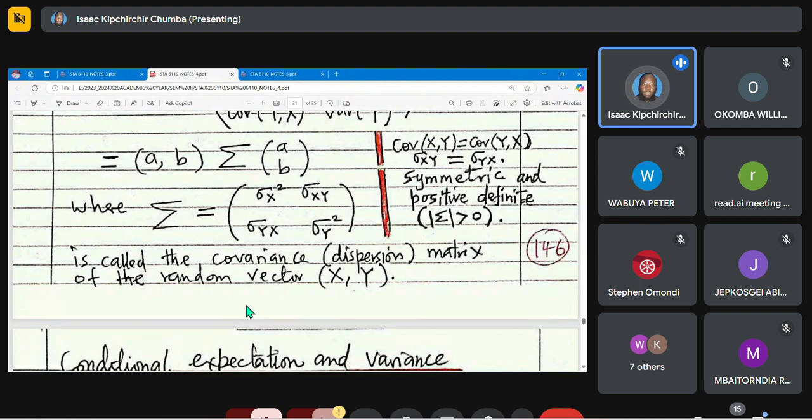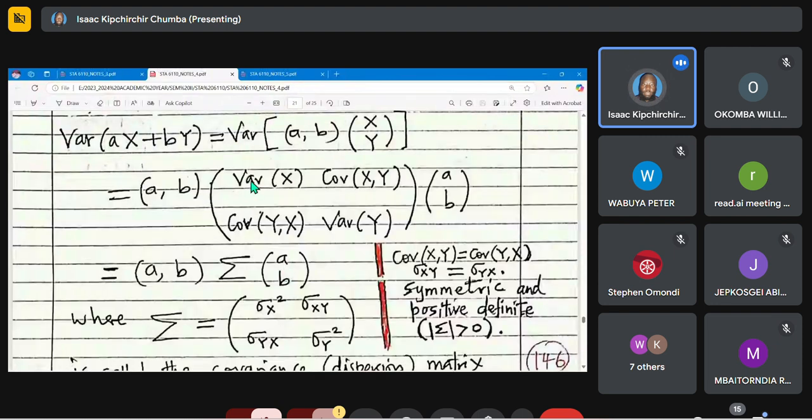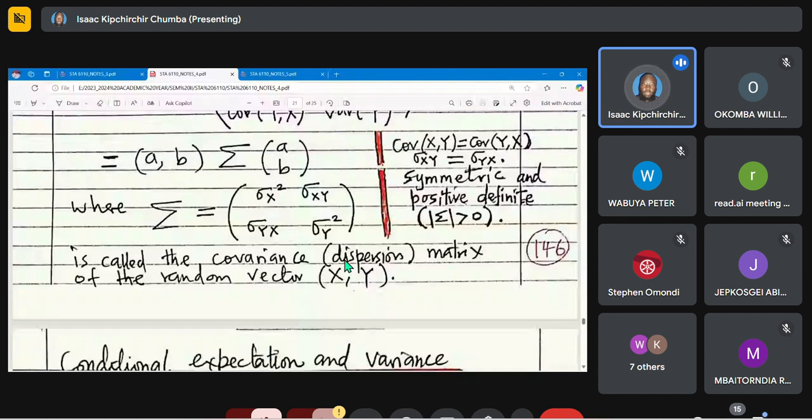It suffices to say it's a covariance matrix, because these, cov XX and cov YY, are all covariances anyway. So I like just calling it covariance matrix or simply dispersion matrix.